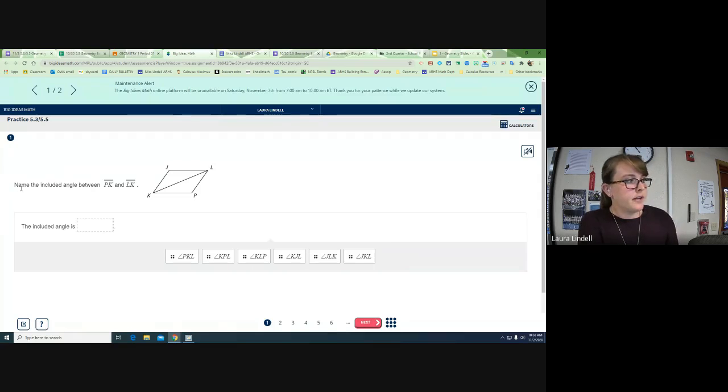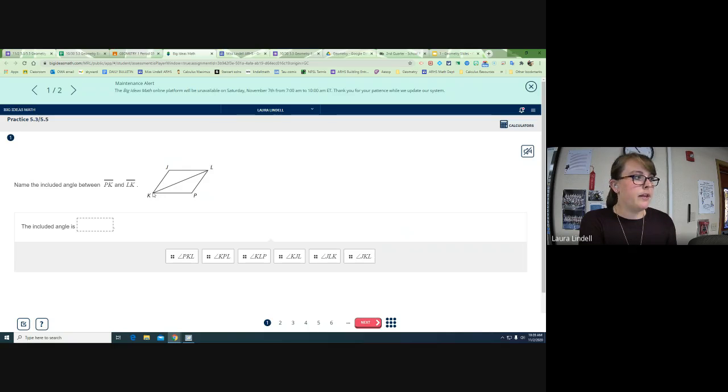So the first one says, name the included angle between PK and LK. So for this kind of question, really we just want to know if we can identify the angle that's in between these two line segments. So PK is right here, LK is right here. It's that middle shared line. So between these two segments is this angle right here, LKP or PKL, depending on which way you would like to label it.